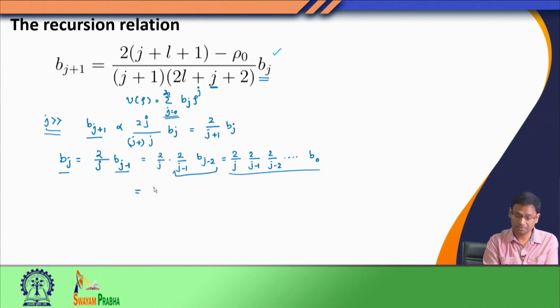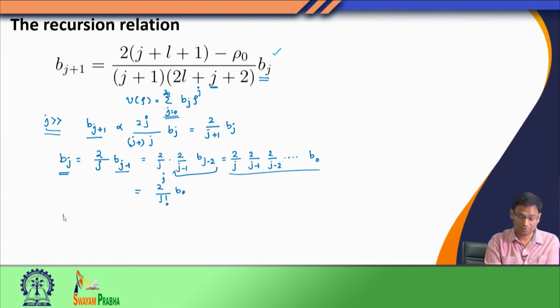I can simplify this further, as you see, I will have j number of terms here before B 0, and each term will have a 2. So, this term becomes 2 to the power j, and here j into j minus 1 into j minus 2 and so on. So, this becomes j factorial multiplied by B 0. This is happening when j is very large.